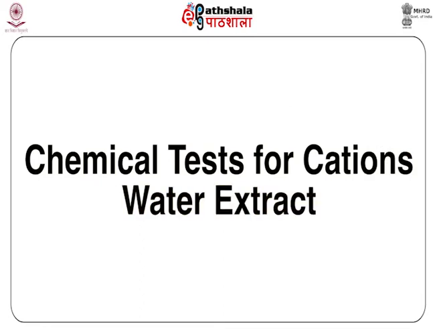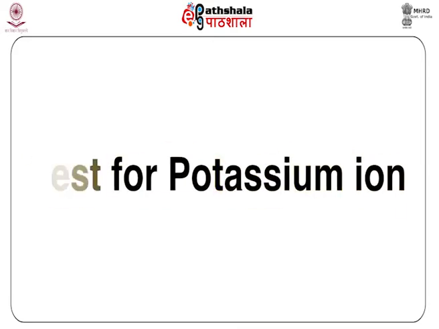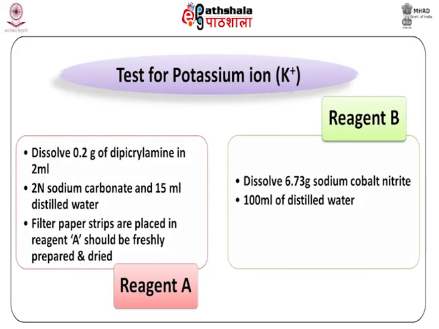Now we will study about the chemical tests for cations. First is test for potassium ion. Reagent A. It is prepared by dissolving 0.2 grams of dipicrylamine in 2 milliliters of 2 normal sodium carbonate and 15 milliliters of distilled water.